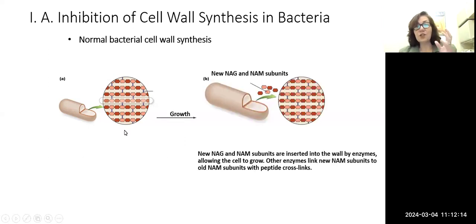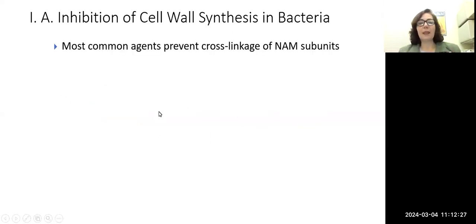So as the new cell wall is being formed for like the next generation, and new subunits are coming in, the NAM subunits are tied in toward each other. So most of the antibiotic agents that work on the cell wall actually work right here, preventing that cross linkage of the NAM subunits.